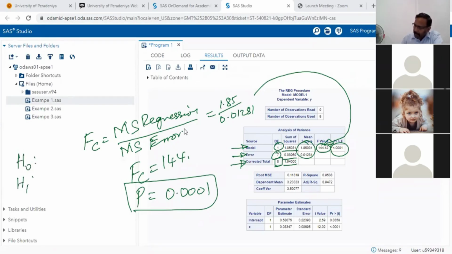If you can remember, what is my null and the alternative hypothesis? Anyone? There's a significant relationship between X and Y. Partly correct.